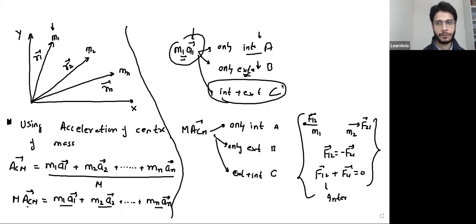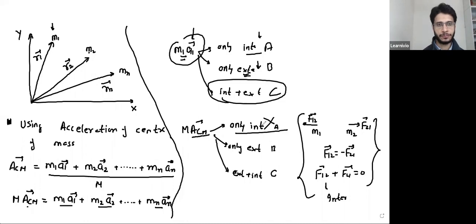Motion of individual particles of a system is affected by internal force, but internal force cannot affect motion of center of mass. So does the acceleration of center of mass depend upon internal force? No. So is it possible that A is correct? No. So A is wrong.